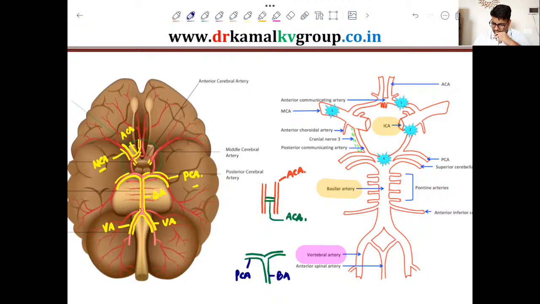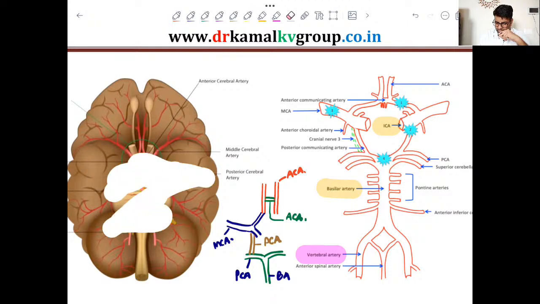Now here there is the internal carotid artery, which divides into the anterior cerebral artery and the middle cerebral artery. So this is the middle cerebral artery. Now the posterior communicating artery joins something like this. So this is the posterior communicating artery. Now the same arrangement is on the other side as well, and therefore it creates a circle, and that circle is known as the circle of Willis.